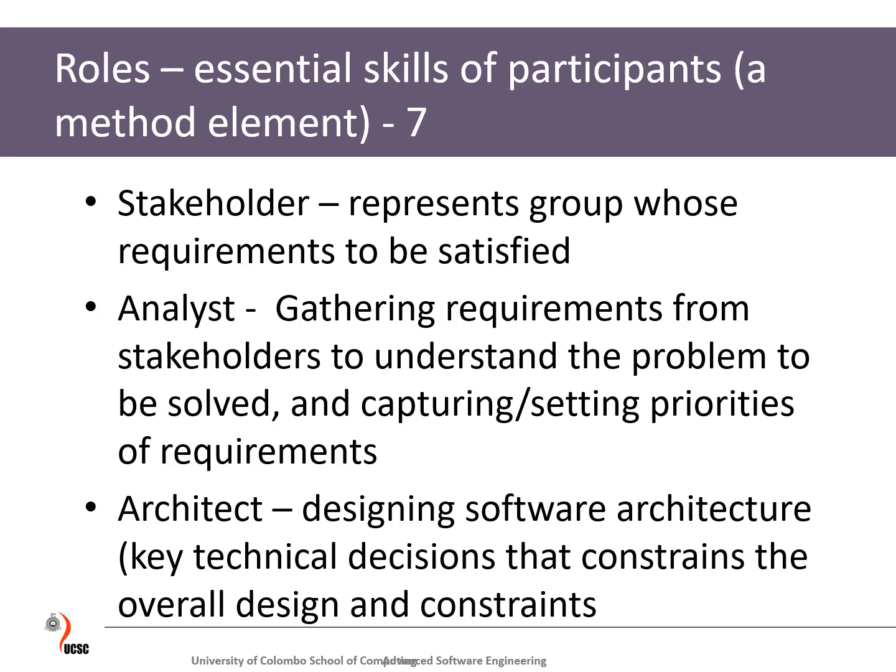Then the third, which I would say is the boss of the project, the architect, and his role is very important. He designs the software architecture, which is a kind of key technical decision that constrains the overall design and implementation.